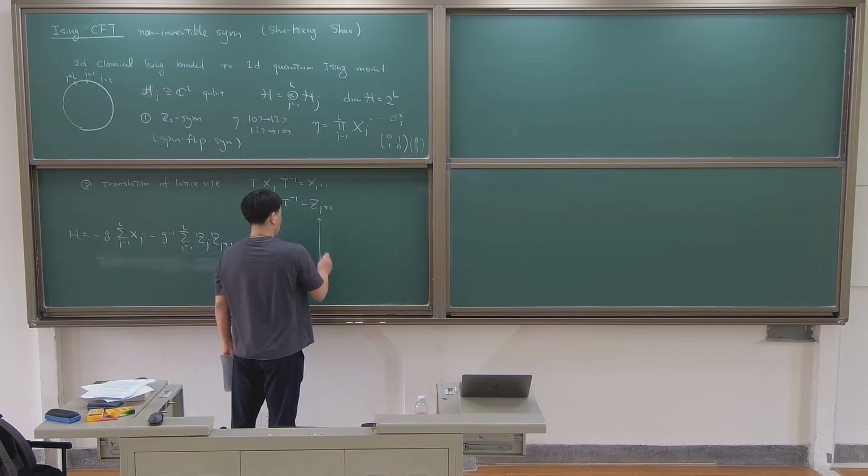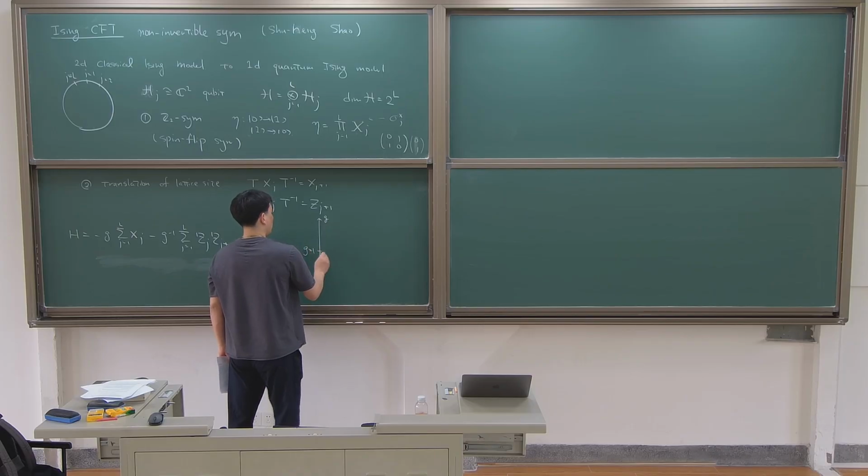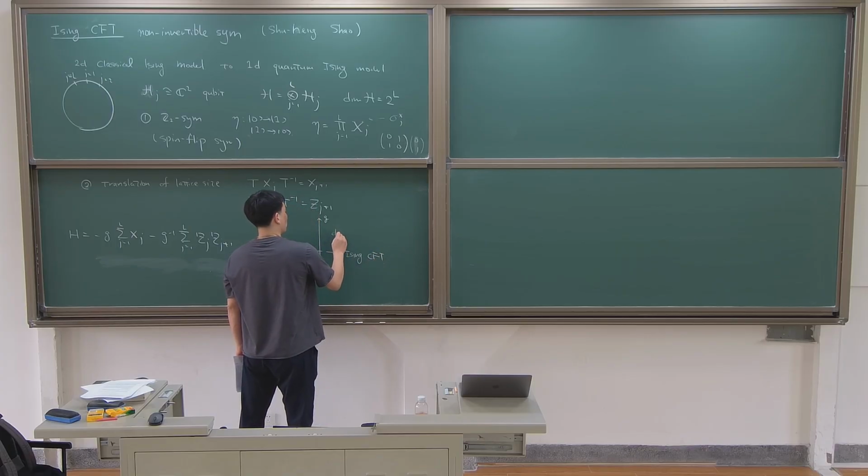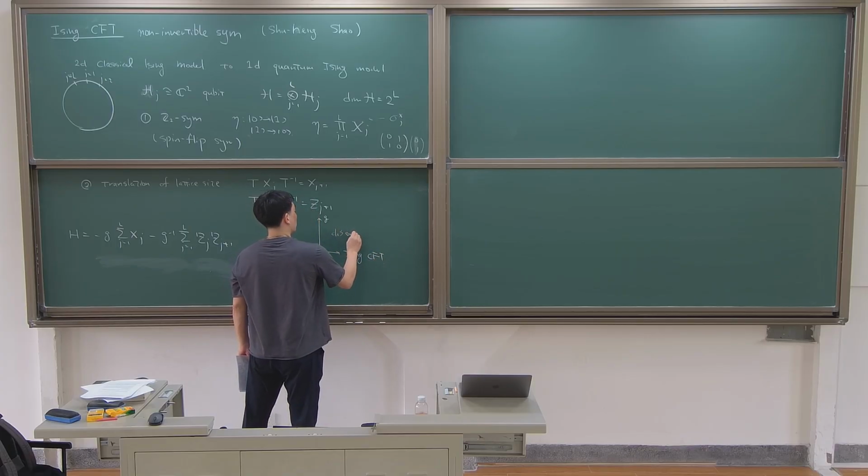And then this is g, and when g equals 1 you have the Ising CFT. On one side you have the disordered phase, and on the other side the ordered phase.